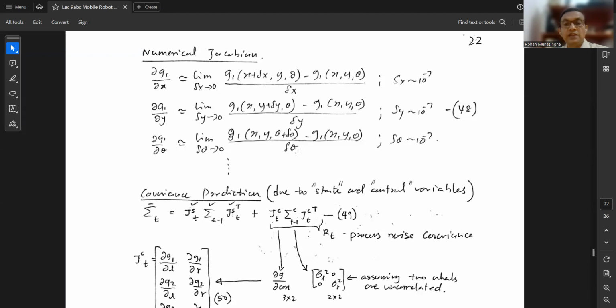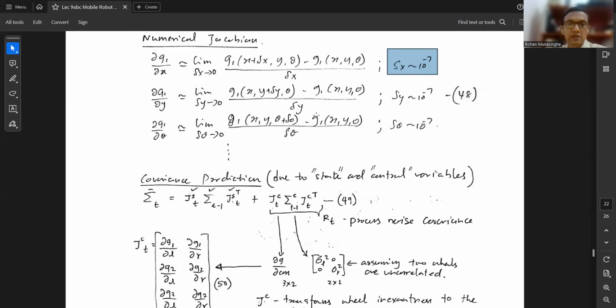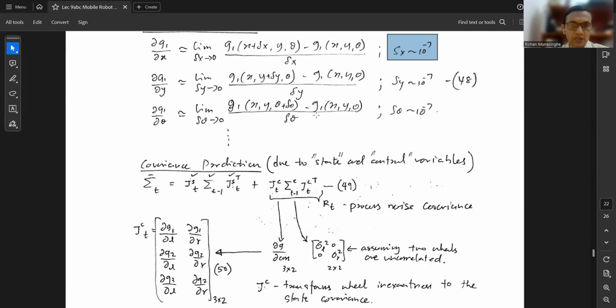And this is for theta, like that. All of these rates can be calculated by taking that respective variable and adding to it a little quantity, and then evaluating it and getting the difference divided by that little quantity. And if this little quantity is very, very small, you are closing in, your numerical value would be very close to the analytical value. So that is also a possibility when you want to implement this algorithm computationally.